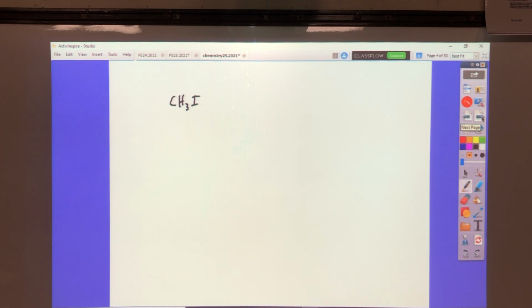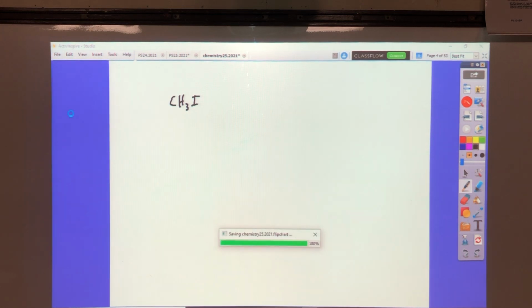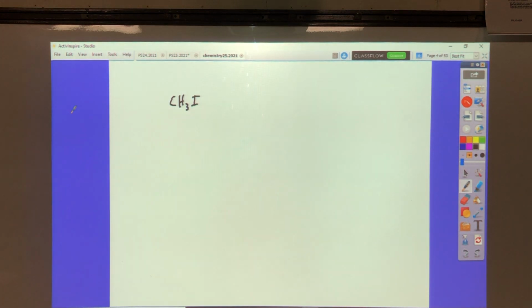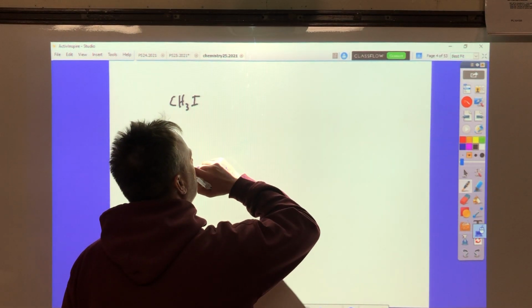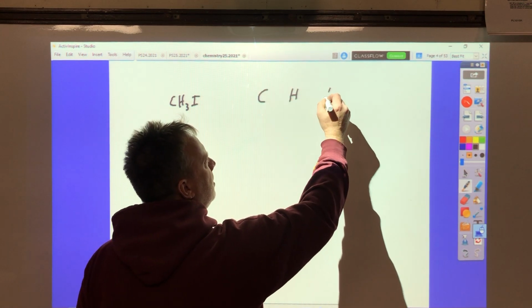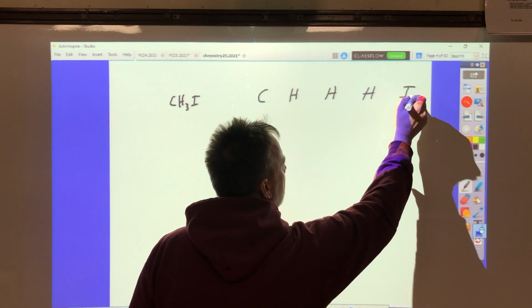Okay, so I'm going to start with that. File, save. When I'm done, I'm going to not save any of this because these are already in here. I don't want them duplicated. So you are going to write down what you have. So you have a carbon, and a hydrogen, and a hydrogen, and a hydrogen, and an iodine.